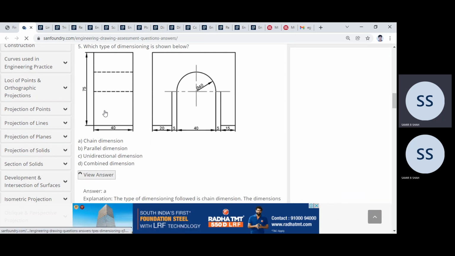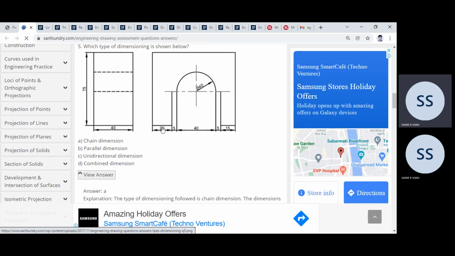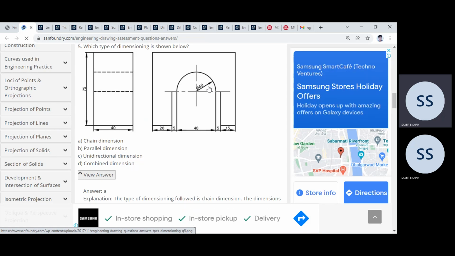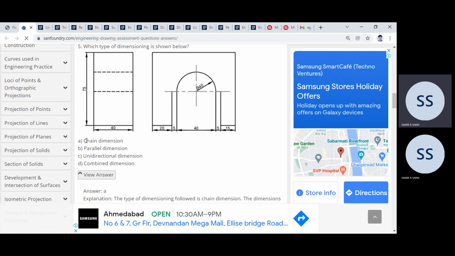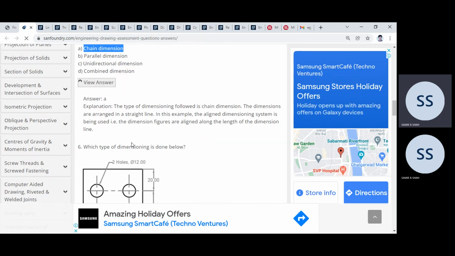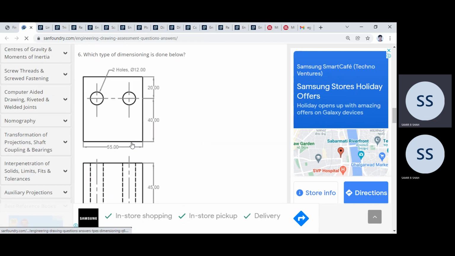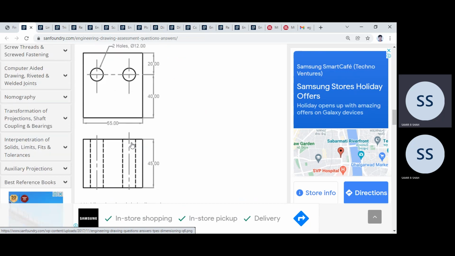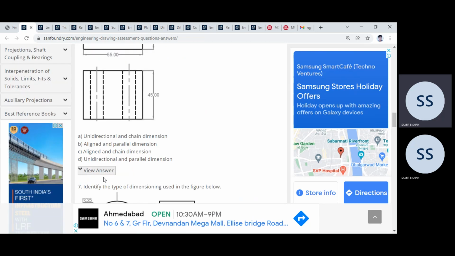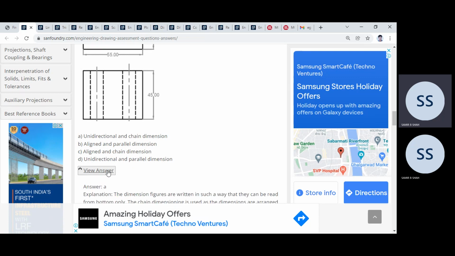You can see here there is not only parallel but including parallel there is another, like an arc, so we consider it as a chain dimension. You can see the diagram. Which type of dimension is done below? Either it may be unidirectional or aligned.